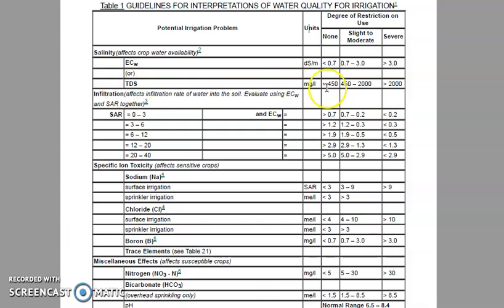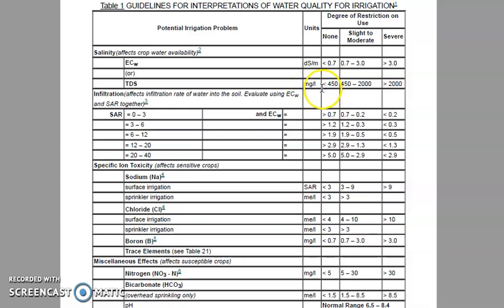If you have the concentration as TDS, total dissolved solids, and you multiply the electrical conductivity in dS per meter by 640, then you get the total dissolved salt in the water in milligrams per liter.